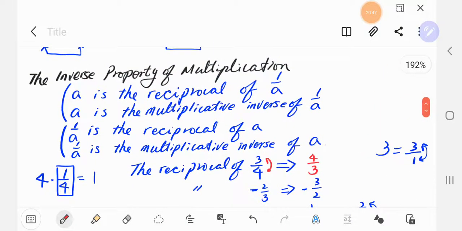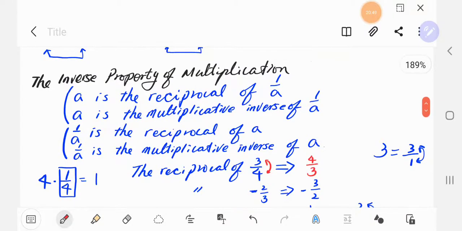The inverse property of multiplication is when you multiply a number, let's say a, and its reciprocal, it will be equal to 1. Or you have 1 over a, and the reciprocal of this is a, then the result is 1.